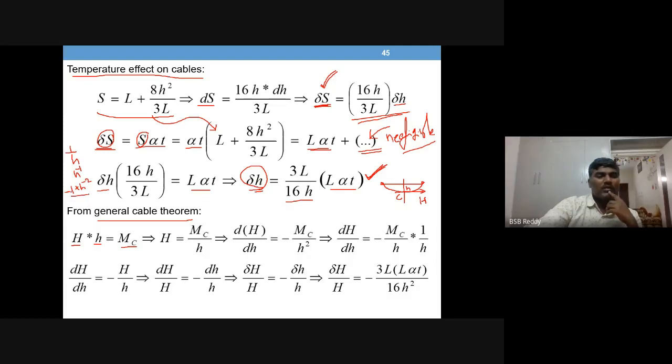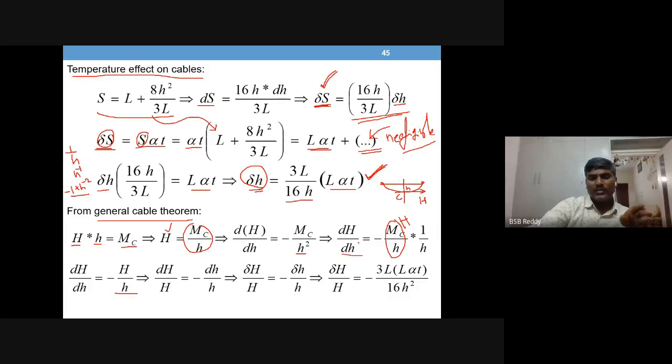What you can write for this: minus 1 by h square. So dH by small dh is equal to minus MC by h square. I am writing h into 1 by h. Now rearrange the terms. What is MC by h? It is capital H. So replace this term with capital H. So it is minus capital H by small h.